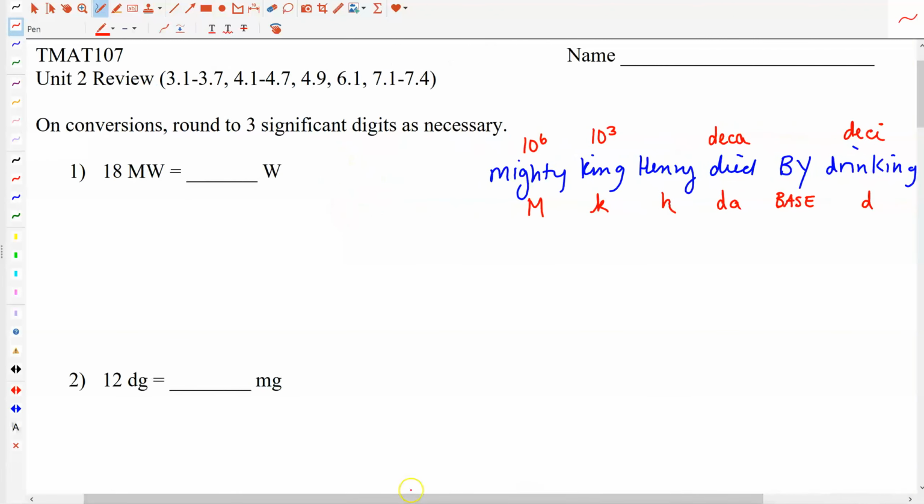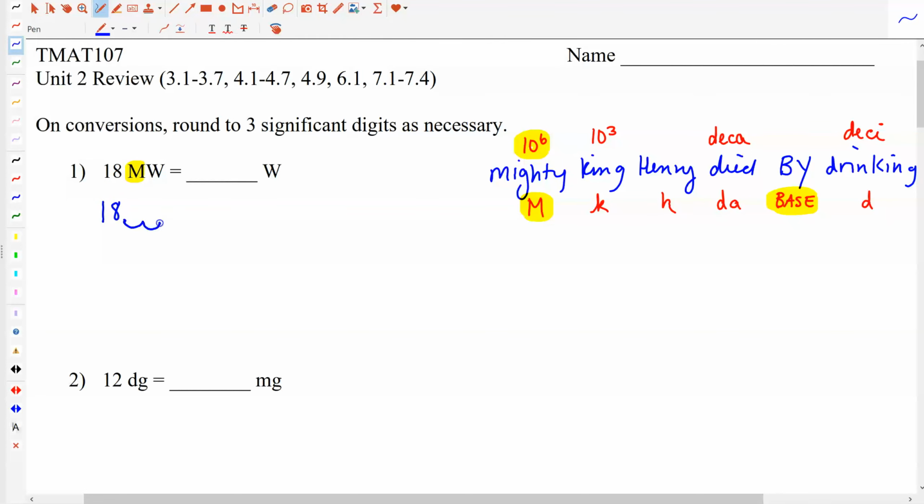On this one, I'm going from mega to my base. So the relationship is mega is 10 to the 6th power of whatever your base is. That means in this number, which right now I'm given 18, we're going to go 6 decimal jumps to the right.